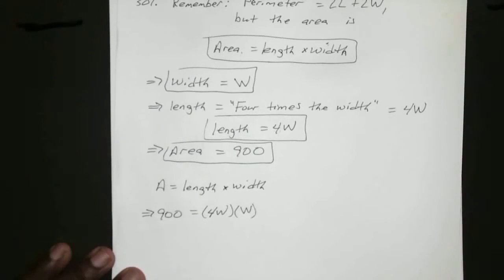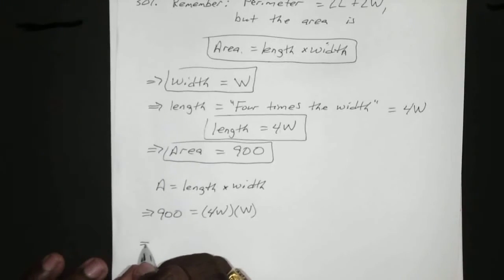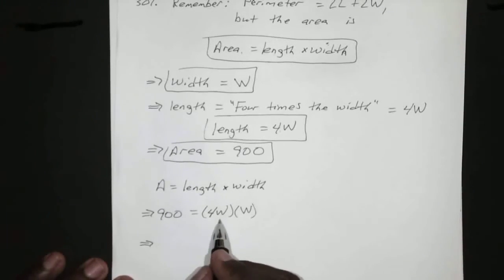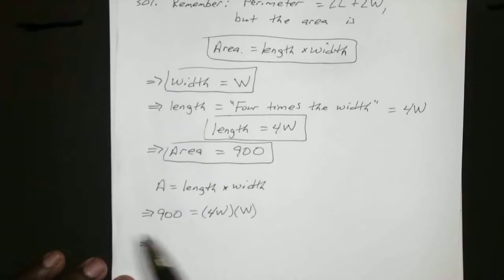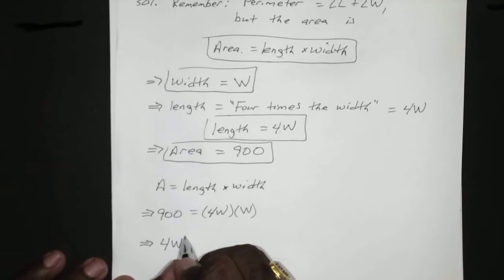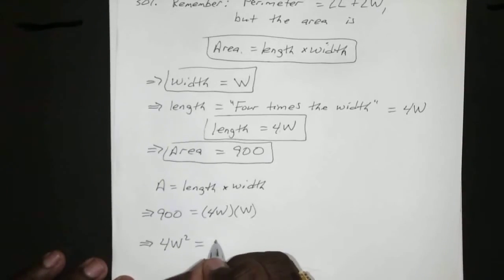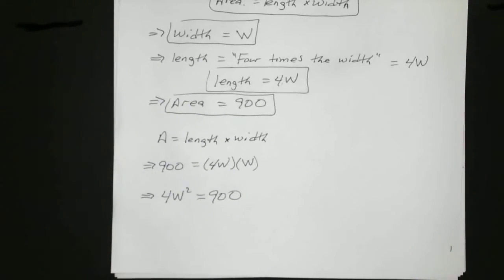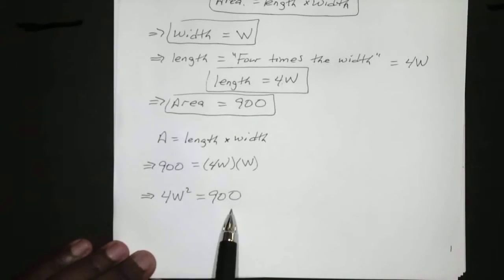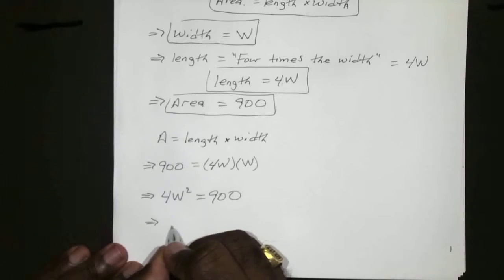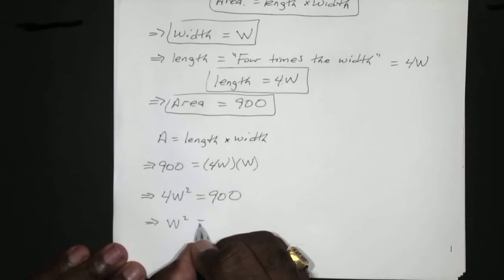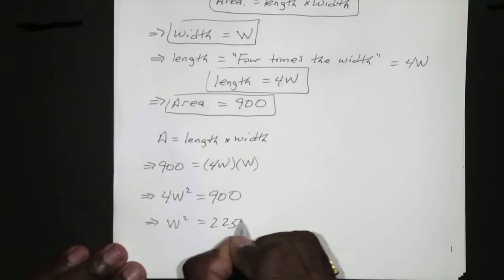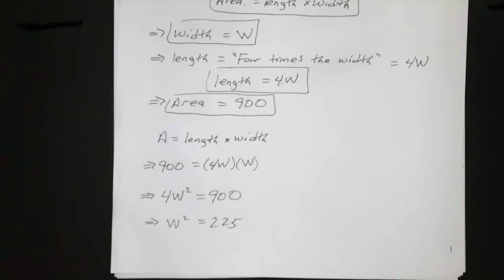Okay, so just like x times x is x squared, W times W is W squared. And just because of my own personal quirk, I'll move my variables to the left. You don't have to. Okay, so we divide both sides by 4. W squared equals 225.